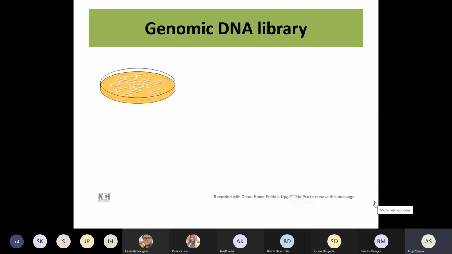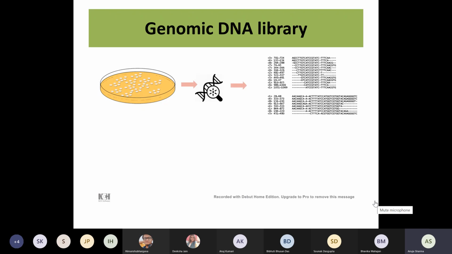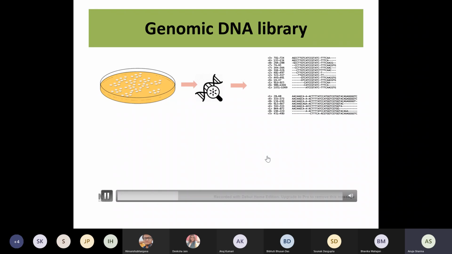Now after the cloning, when you get the recombinant colonies on Petri plates, you can take them out and you can screen them, sequence them, and you get multiple different sequences of different lengths, definitely, right?